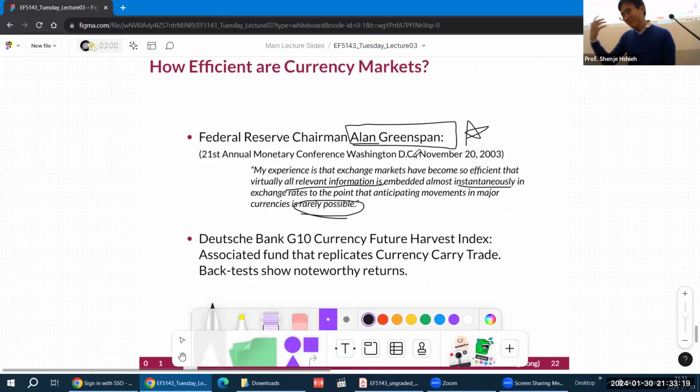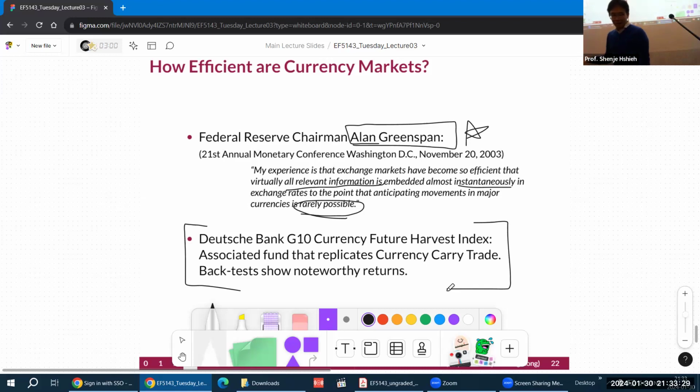If you want proof of it, you can look at index funds that try to conduct carry trade among a wide range of countries. The Deutsche Bank G10 Currency Futures Harvest Index tries to replicate currency carry trade between countries and make positive returns.